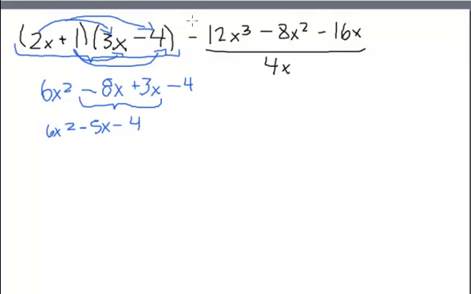So now let us work out this division question right here. This here is a trinomial, which is divided by a monomial. The best way to approach this is to break it up into individual monomials.